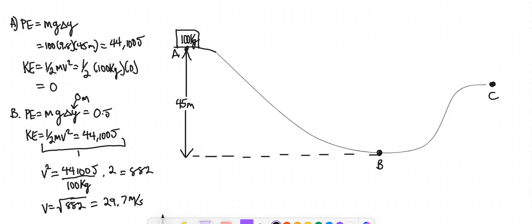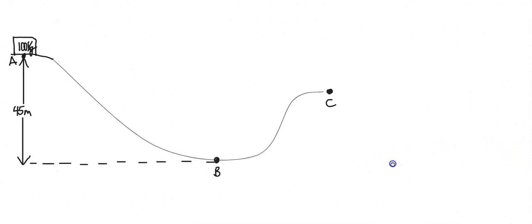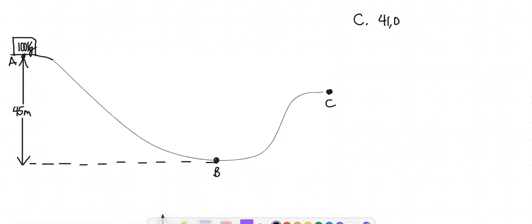But what about at part C? Well, let's take a look and see what happens at position C. Okay, so at position C, we know that the total energy is going to be 44,100 joules.